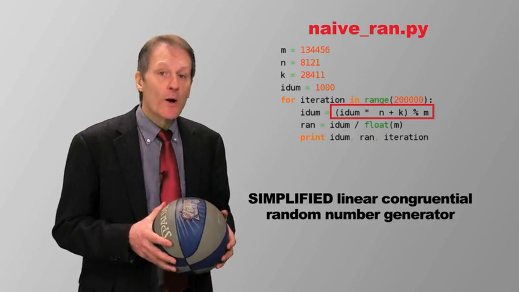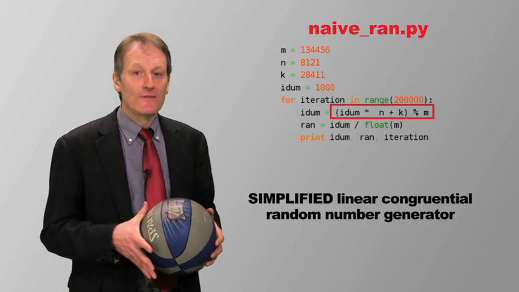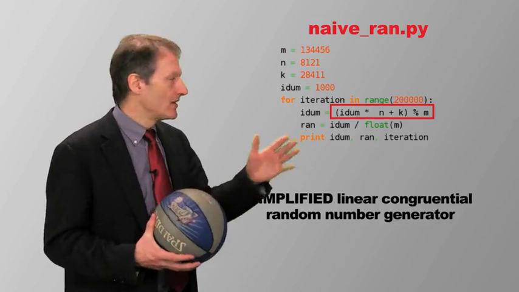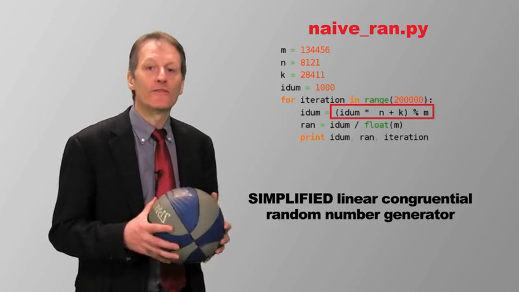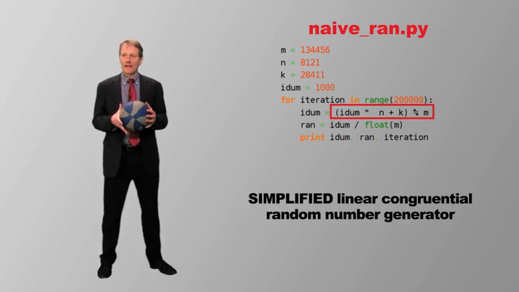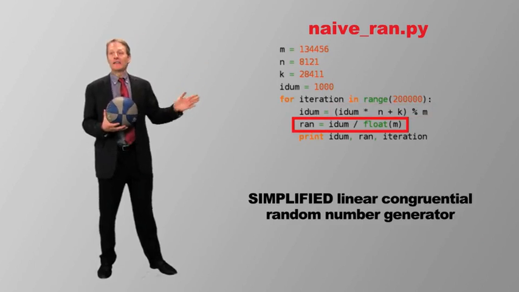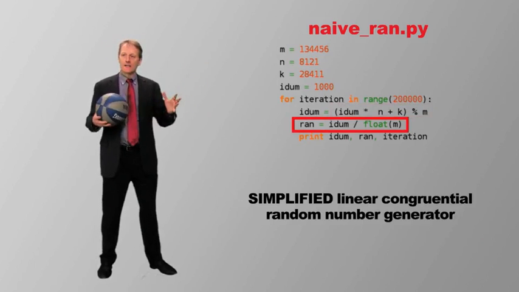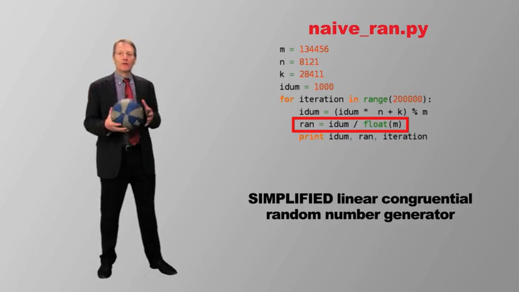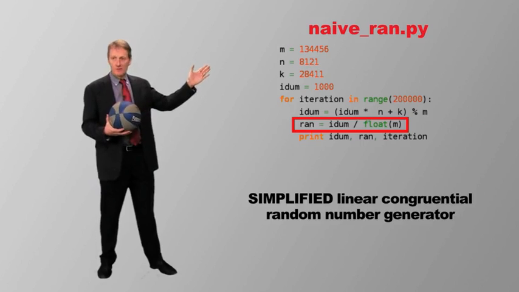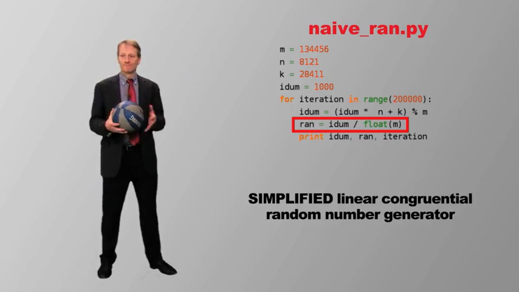It is this modulo operation that gives the name congruential to this whole class of generators. Then these integer numbers are divided by a large number to give the familiar objects, the random floats between 0 and 1.